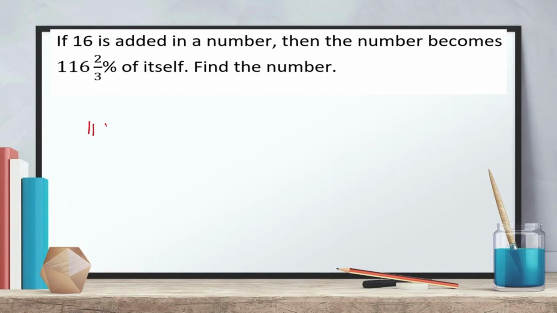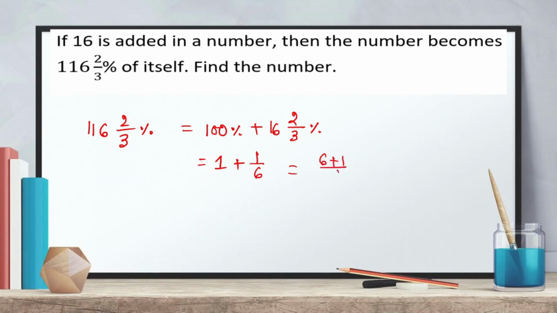So let's see, 116 whole 2 by 3 percentage. We can write it like 100% plus 16 whole 2 by 3 percentage. And we know 100 percentage means 1, and also we remember 16 whole 2 by 3 percentage is equal to 1 by 6. So that means it is equal to 7 by 6. So it is the final result.